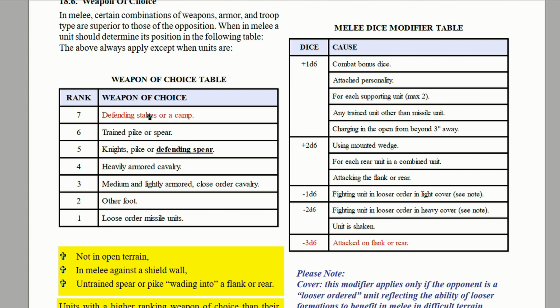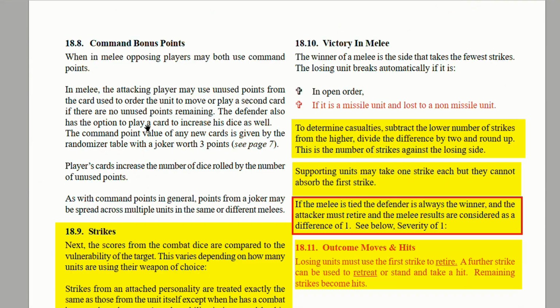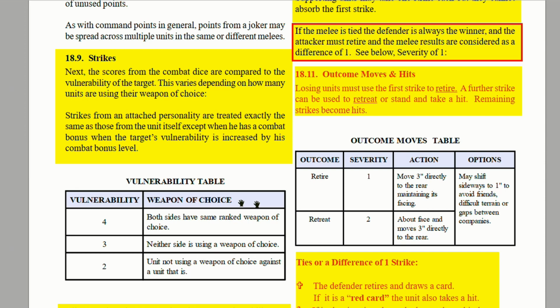So, if any of your commands or units are in this situation, for example, you are defending stakes, and your longbow is defending stakes or a camp, you have the weapon of choice. What this means is that when you go down to the vulnerability table, you have your weapon of choice. That means that you have to roll 4, 3, 2, or 1 to hit.